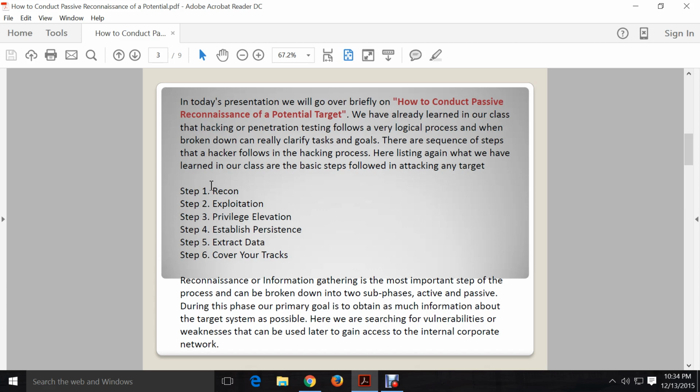During this phase, our primary goal is to obtain as much information about the target system as possible. Here we are searching for vulnerabilities or weaknesses that can be used later to gain access to the internal corporate network.